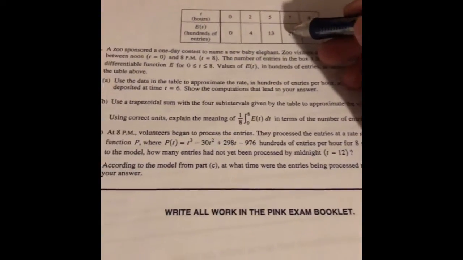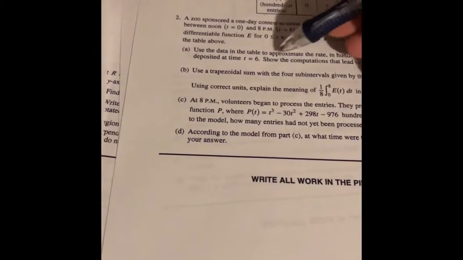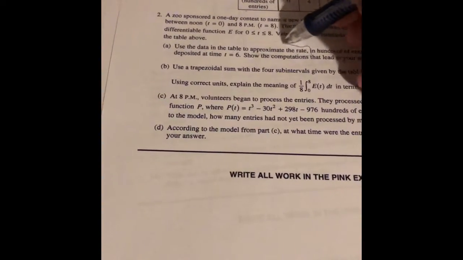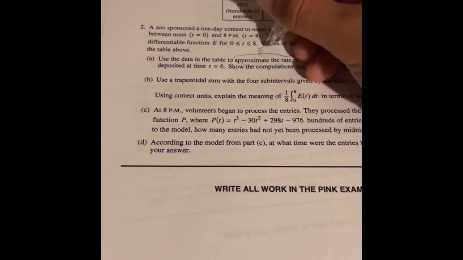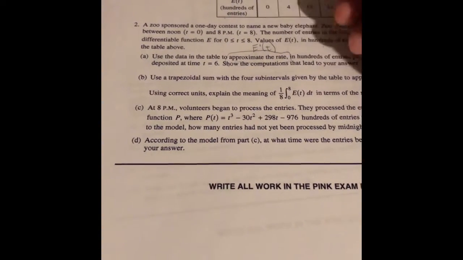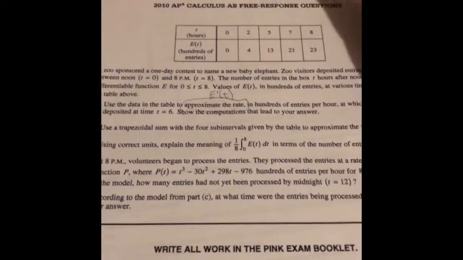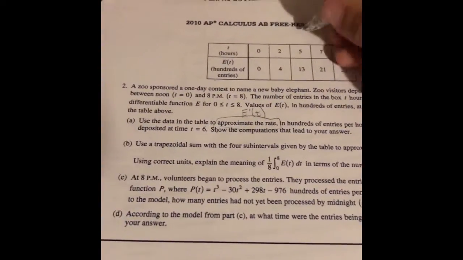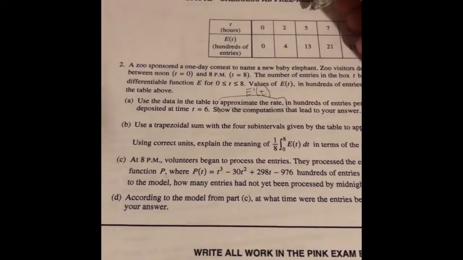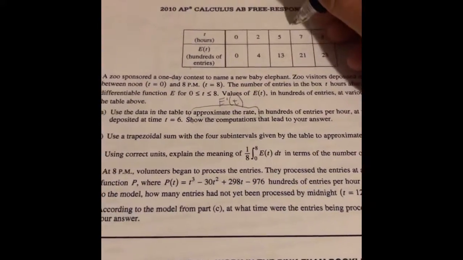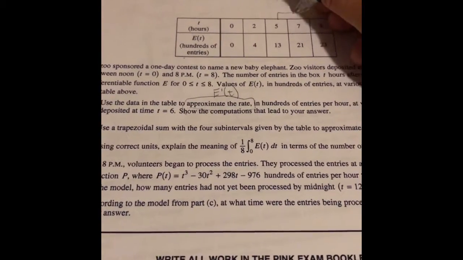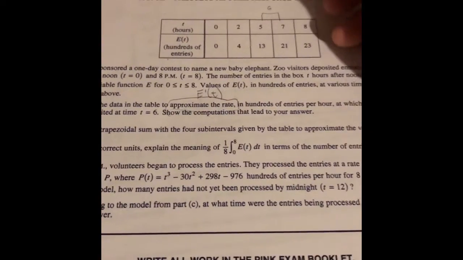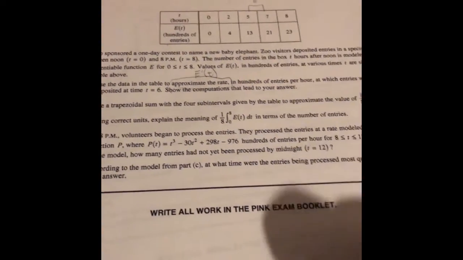It's asking us to find the rate, and the rate, as we know, is the derivative. It asks us to approximate, so there's obviously no 6 on the chart. So we have to approximate between 5 and 7. As we know, in between here is 6.